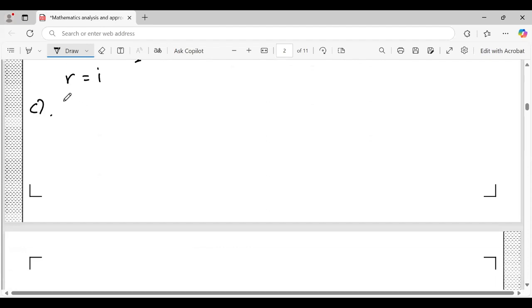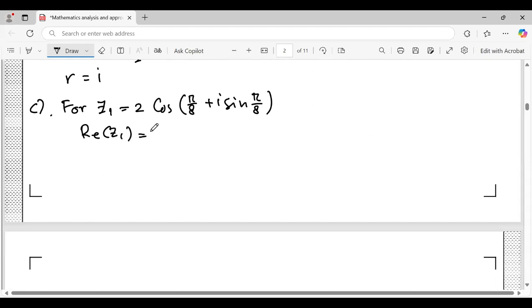For Z1, Z1 is 2 cosine pi over 8 plus I sine pi over 8. The real part of Z1 is 2 cosine pi over 8, and if you calculate, the result is 1.85.